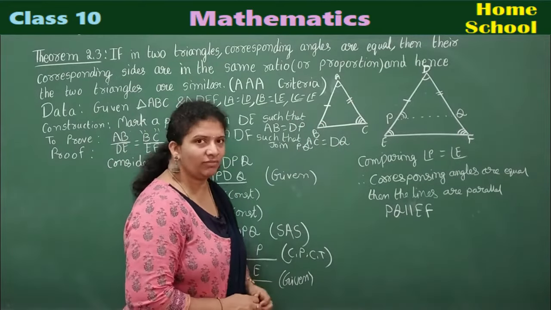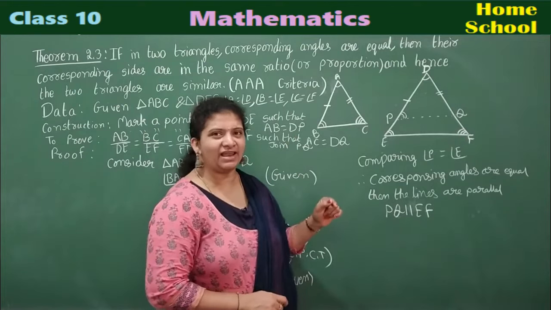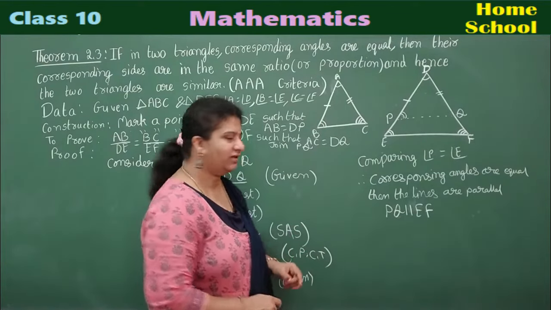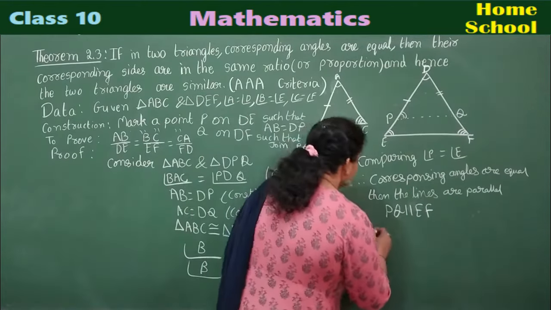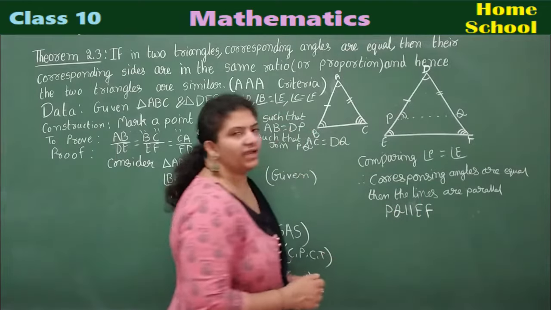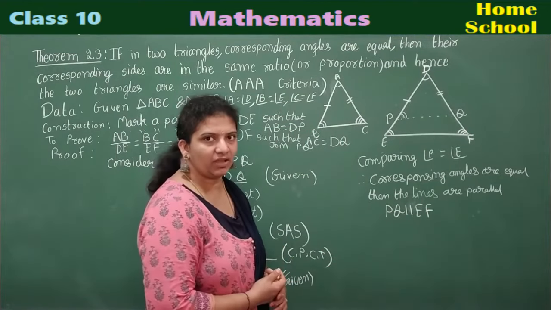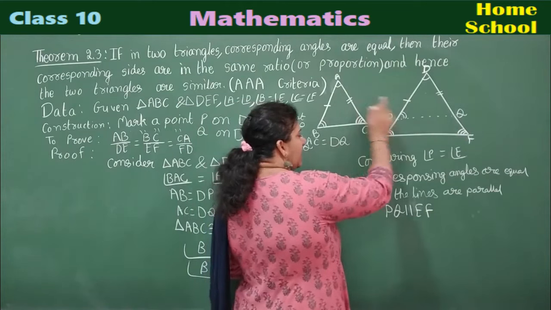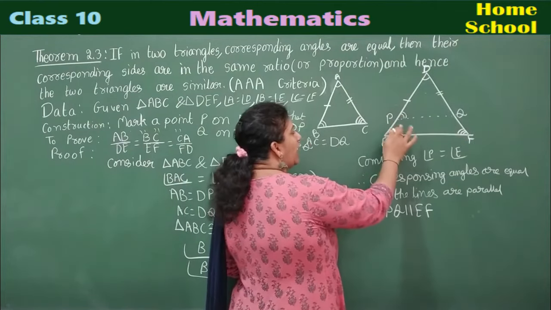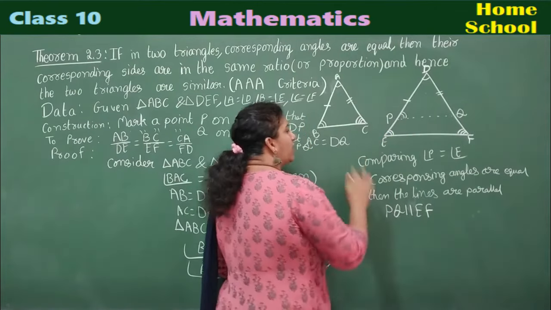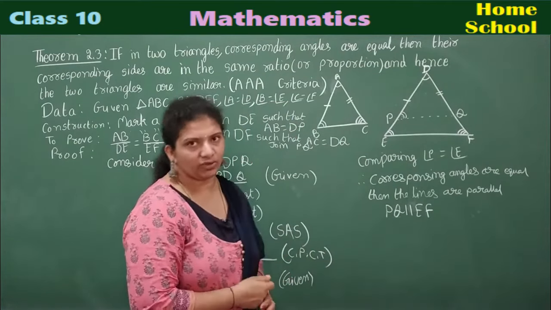Now again, what do you remember? If lines are parallel, you remember B.P.T, right? So, if lines are parallel, you may apply any corollary. In order to compare this, I can't apply B.P.T or corollary 1. Either corollary 2 or corollary 3 you can apply.